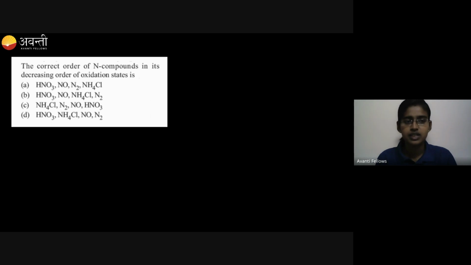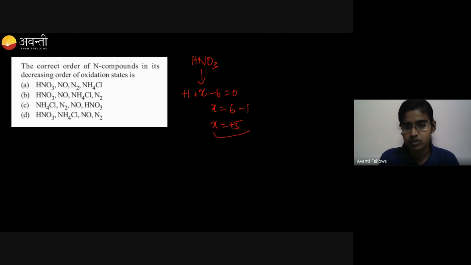So what is the oxidation state of nitrogen in HNO3? In HNO3, nitrogen is taken as X, H is +1, and for each oxygen it is -2. So 3 times -2 is -6. So X is equal to 6 minus 1, which is +5. Okay. And for NO, X minus 2 equals 0, X is equal to +2.